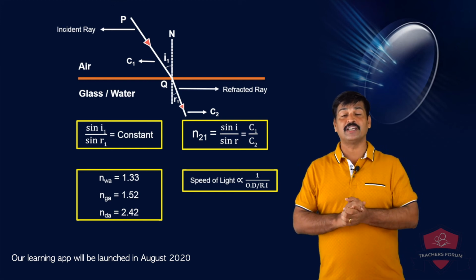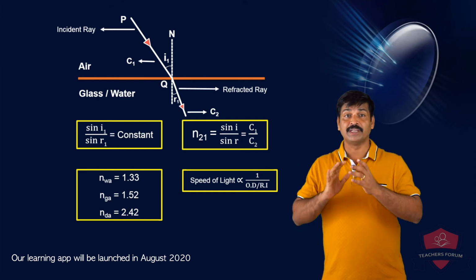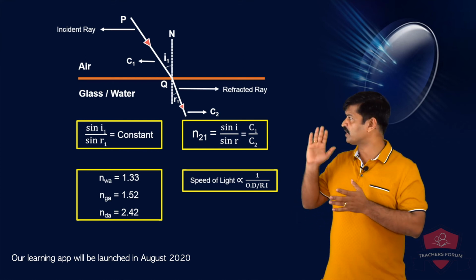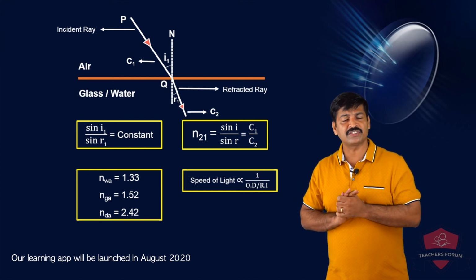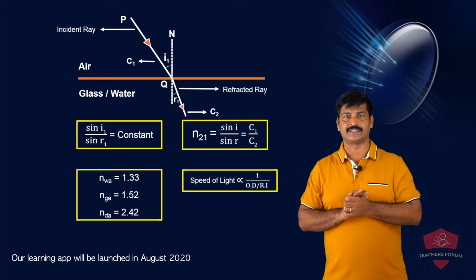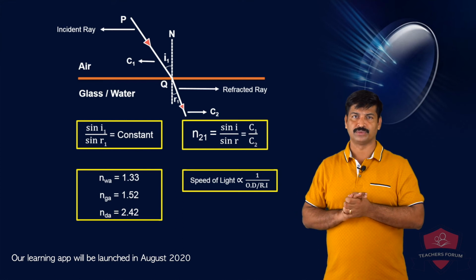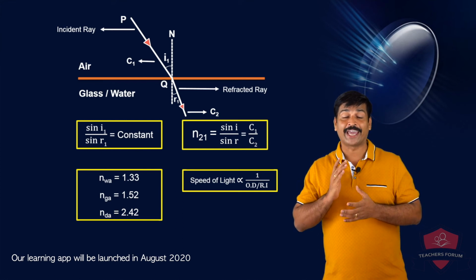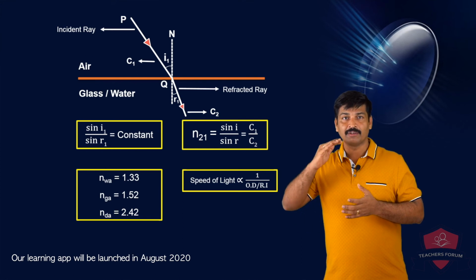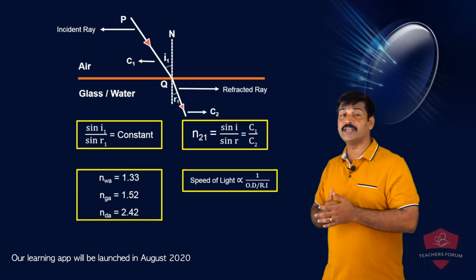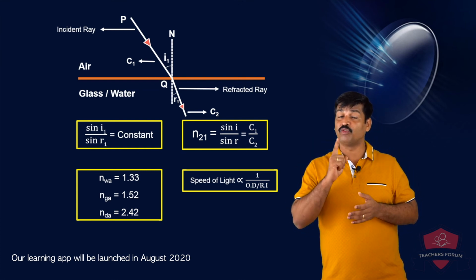Now one more point that you have to understand, what is meant by absolute refractive index. Let us consider the first example here. Here the light is traveling from air to glass, that is from medium 1 to medium 2. If the first medium is air or vacuum, we compare the refractive index of the second medium with respect to that of vacuum.